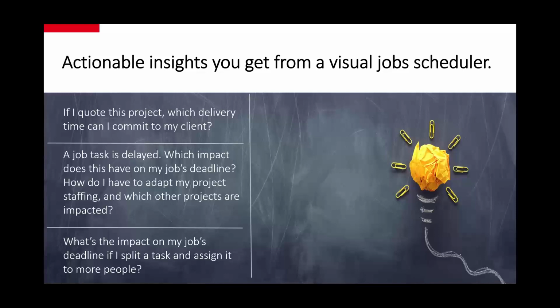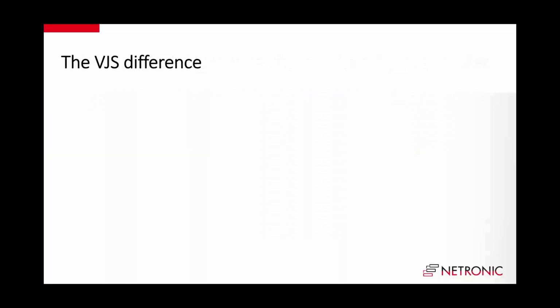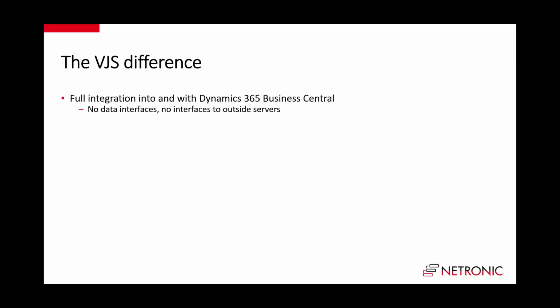So the Visual Job Scheduler that we want to look at in a few minutes brings a couple of differences to standard Business Central. So first of all, it fully integrates with Business Central. It fully integrates with the jobs module and the resource planning module. And the advantage of full integration is there are no data interfaces, and also no data interfaces to outside servers.